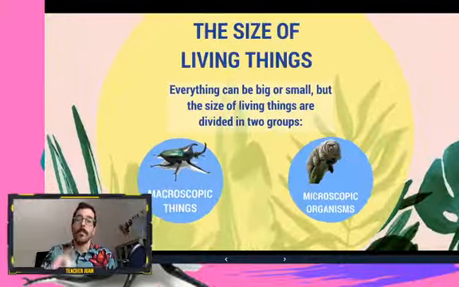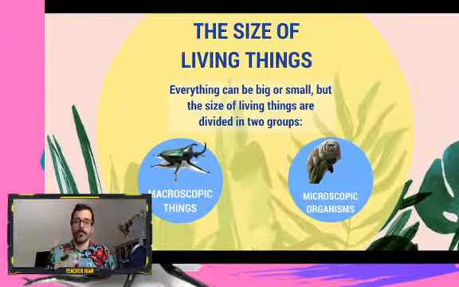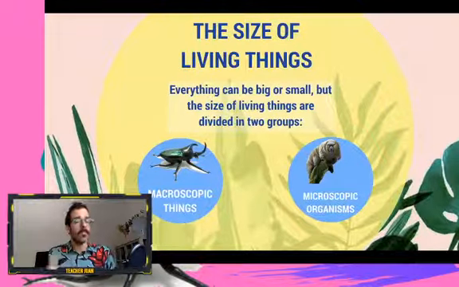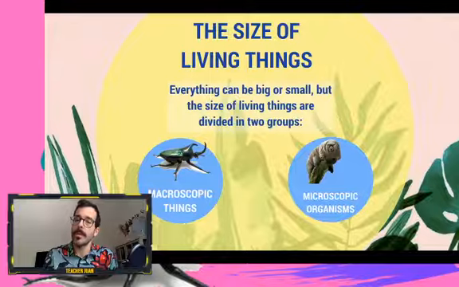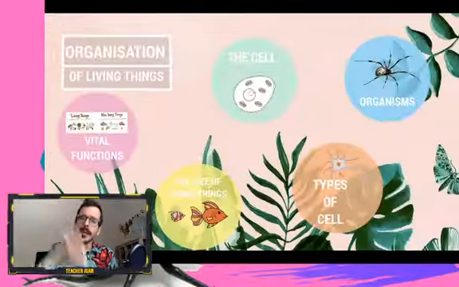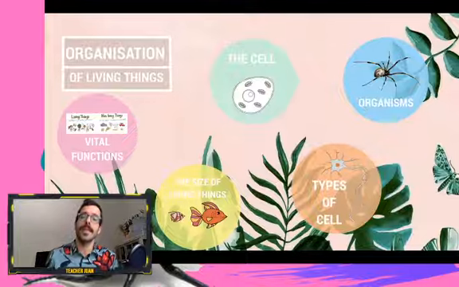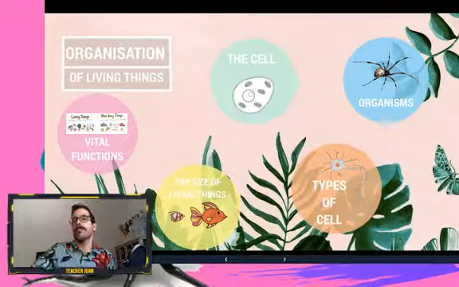Very simple. Macroscopic, big, you can see it with your eye. Microscopic, you cannot see with your eye, you need a microscope. Very good, very easy. And today we are going to see as well the next part, that is the cell. Where is the cell? Let's see.